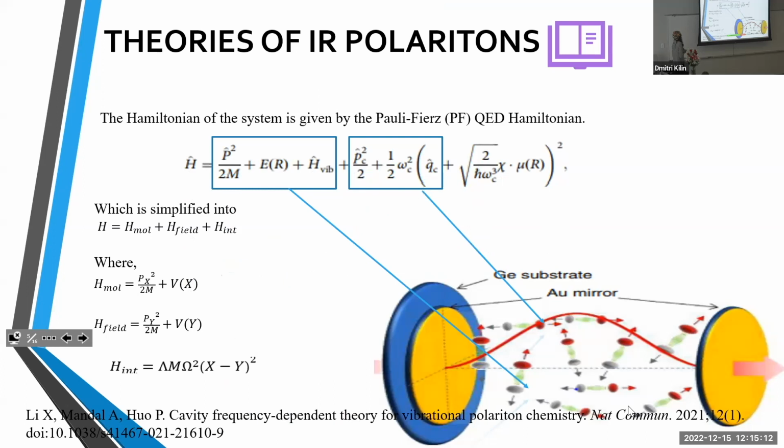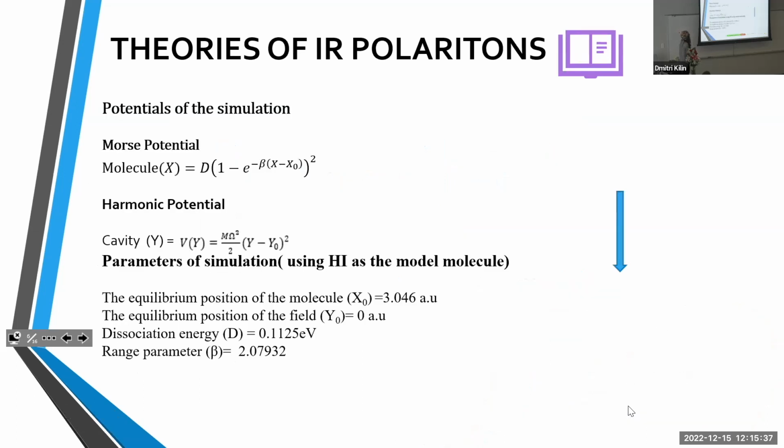The Hamiltonian of the system was given by de Pauli, Fraser, and Montonier. Because it looks a bit too much to take in, it is simplified into this. The Hamiltonian is the sum of the molecule, the field, and the interaction, and the equation of the Hamiltonian is listed below.